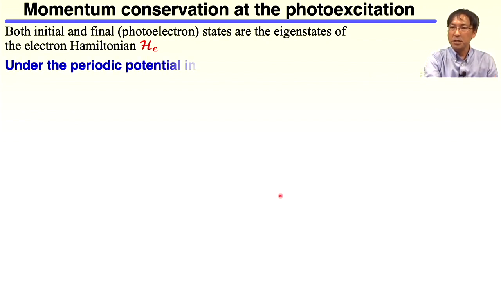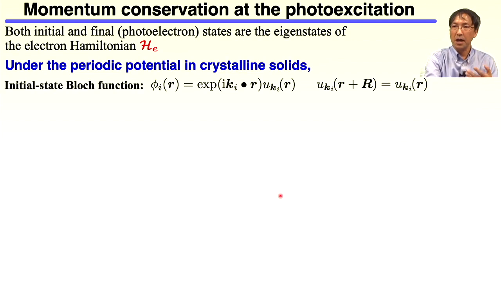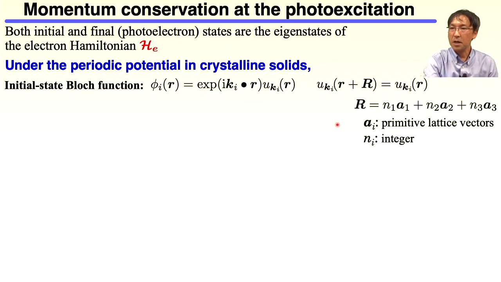When the potential is spatially periodic, which is the case for a crystalline solid, the initial state wave function with the momentum Ki is expressed using the Bloch function as displayed here. Here the capital R stands for the lattice vectors, represented by a linear combination of the primitive lattice vectors.